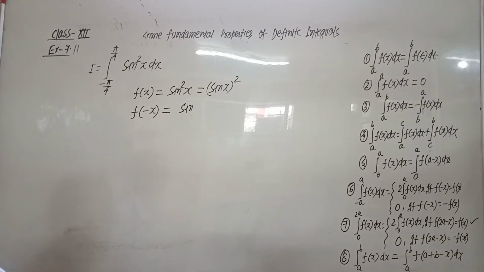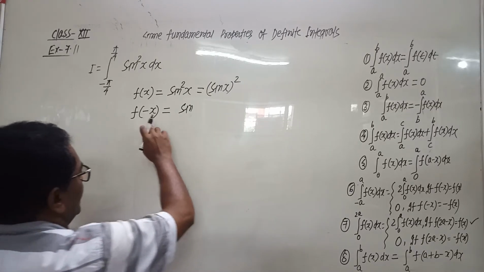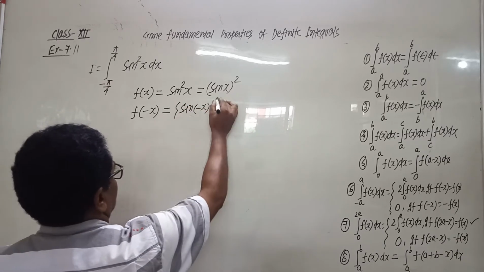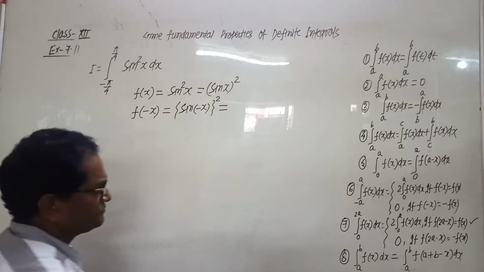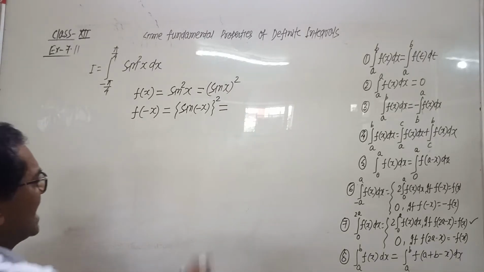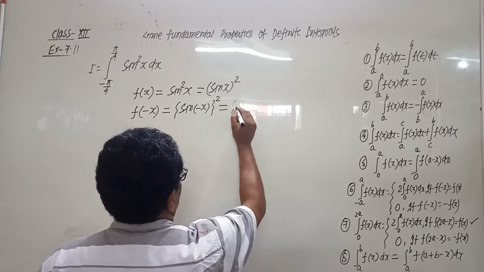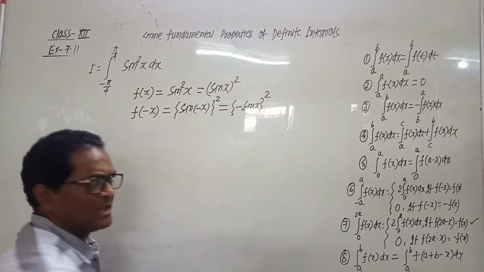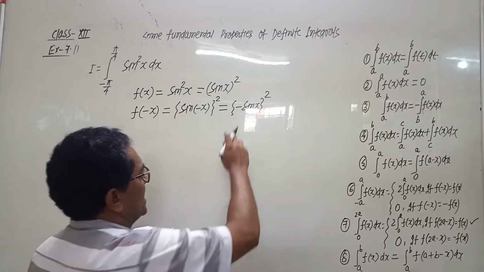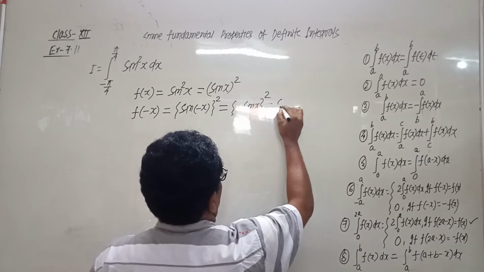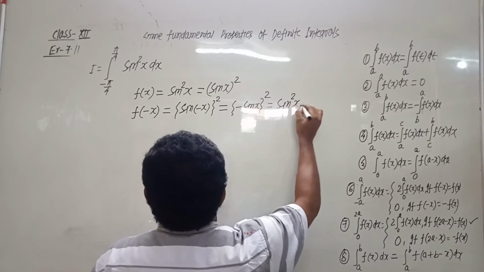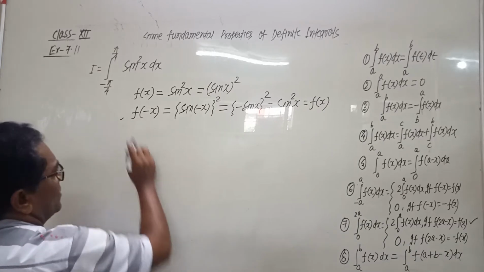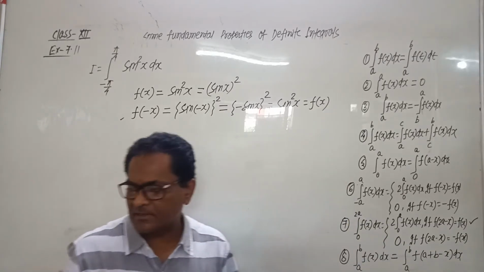So f of minus x becomes sine of minus x the whole square. And sine of minus theta is minus sine theta, so it is minus sine x. But since there is a whole square, the square of minus becomes plus. So we get sine square x, which is f of x. So f of minus x equals f of x.